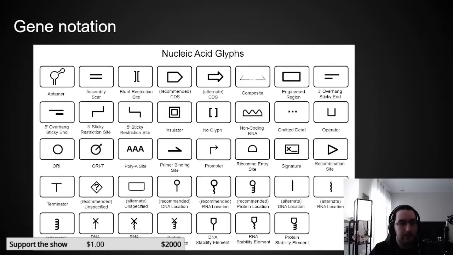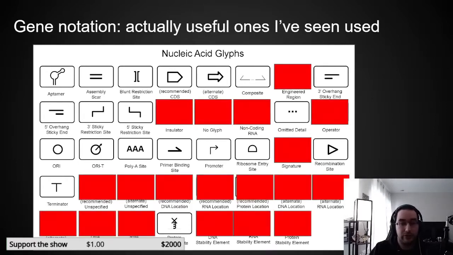Moving right along. So here's some useful notation. Well, I say useful notation. Here's the notation that I actually find useful. If you're reading papers or any kind of documentation of somebody's research, a lot of the time they'll draw out a sort of graphical version of the DNA, right?